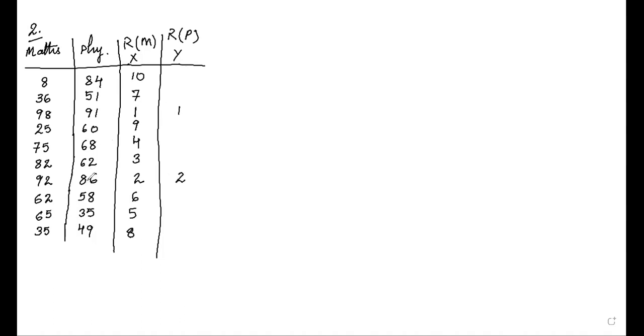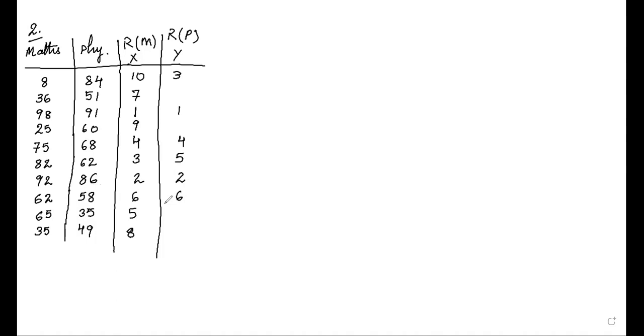Then after 86, it will be 84, so it got 3. Then 4 will be corresponding to 68, then 62 will get 5. Then after 62, I think it will be 58, so it is getting 6.